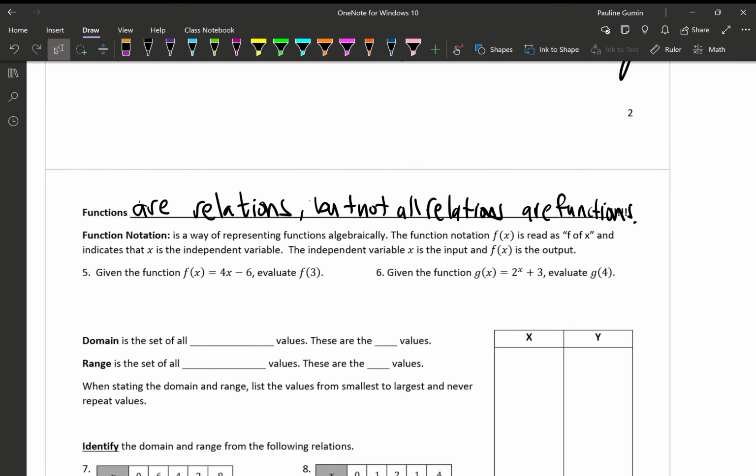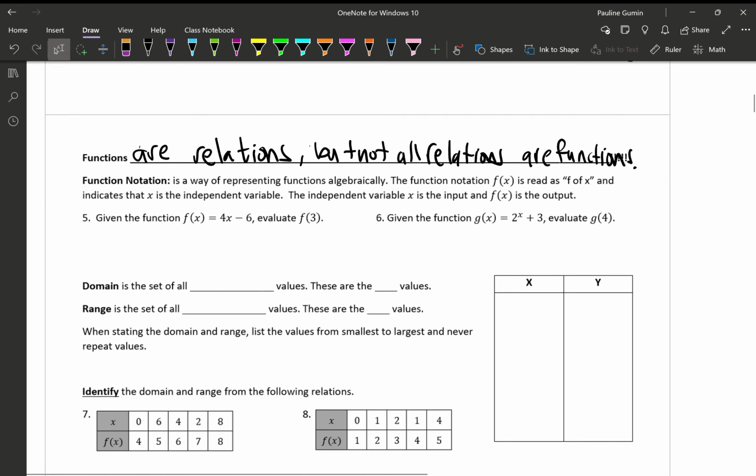Okay, so every function is a relation, but not every relation is a function. Okay, function notation. So function notation is just another way we represent that something is a function. So if we have an equation and we want to say, hey, this equation is a function without having someone figure it out, what we use is function notation.